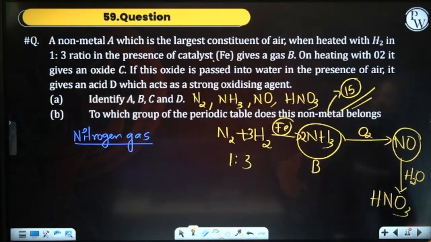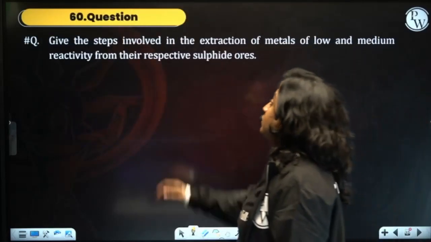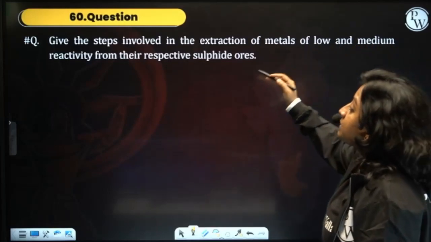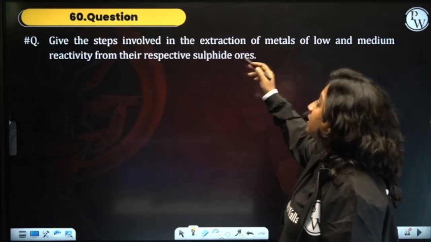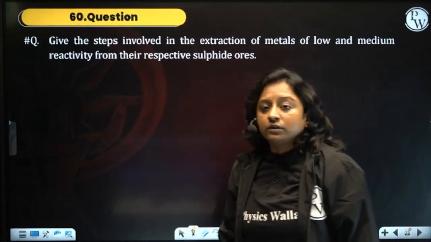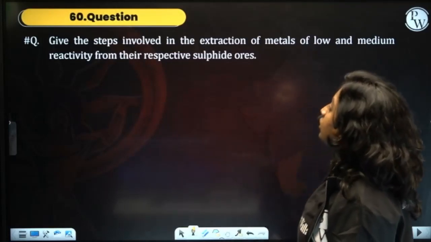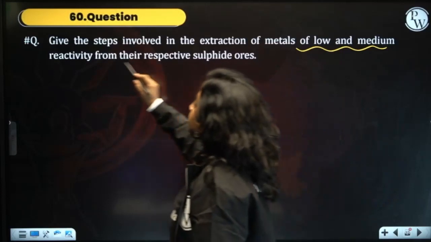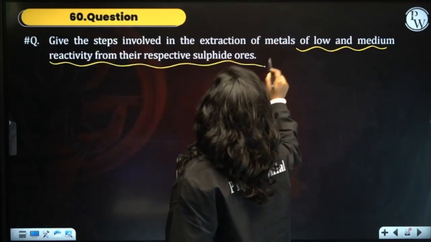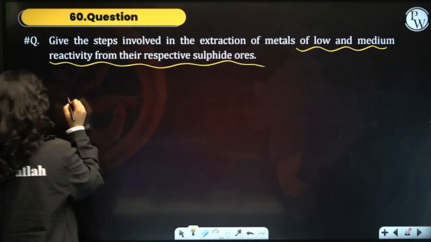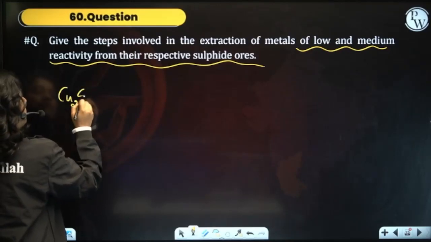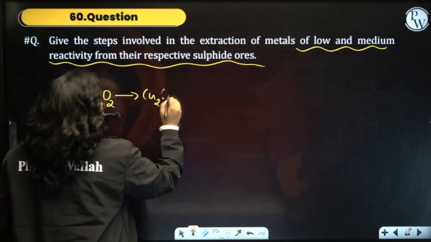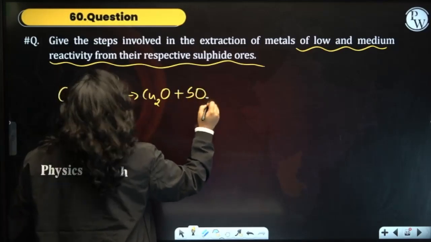Okay, next 60th question. Give the steps involved in the extraction of metals of low and medium reactivity from their respective sulfide ore. Already we did this. When I said low, you have copper sulfide, you're heating with oxygen to form copper oxide plus sulfur dioxide.